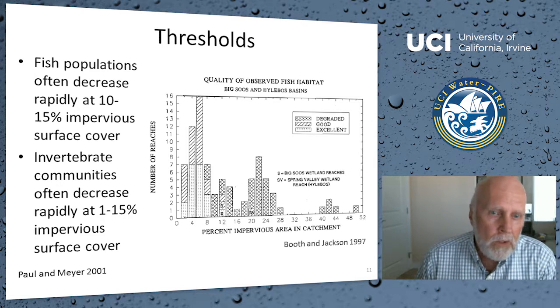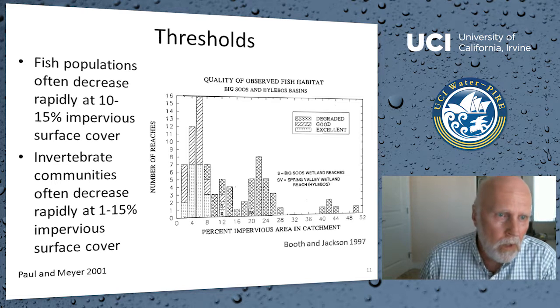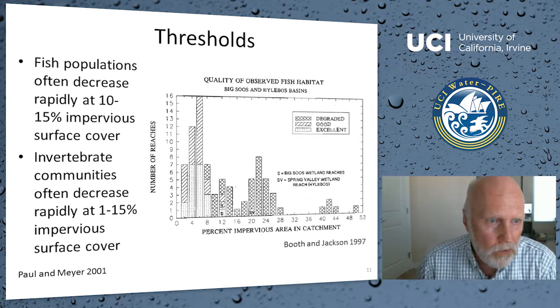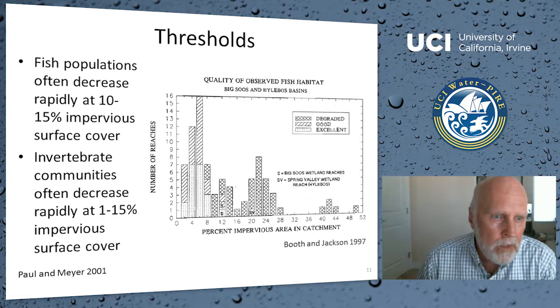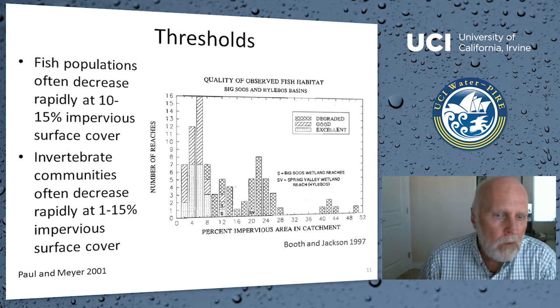So it's different in different watersheds and in different populations. There are different sorts of thresholds, but they're often in the 10 to 15% range for fish, and invertebrates are even more sensitive, so it can be at as low as 1 or 2% of impervious surface cover.